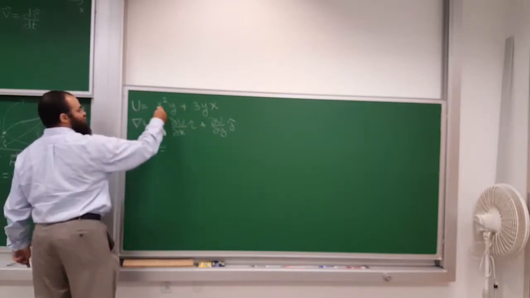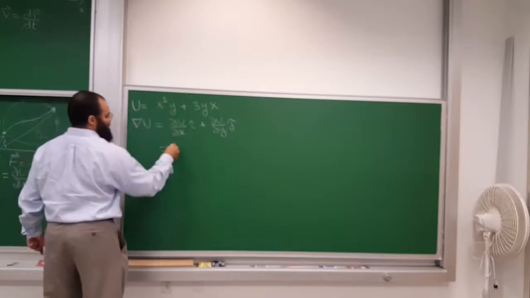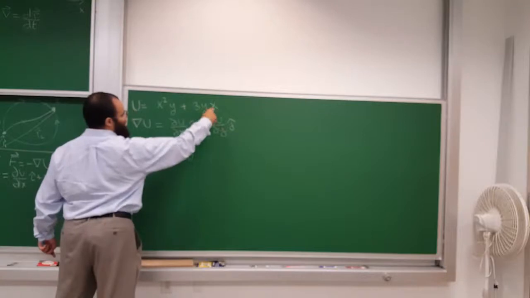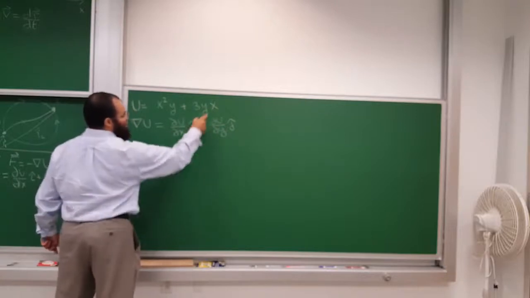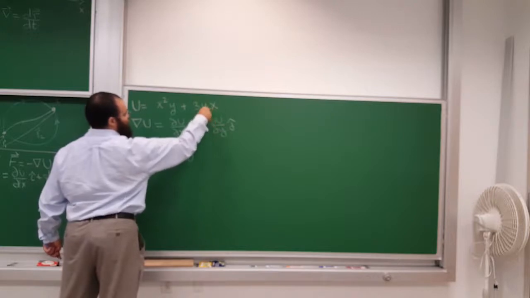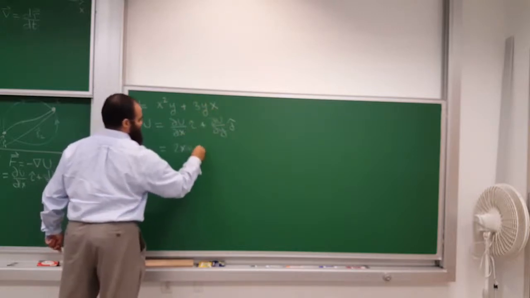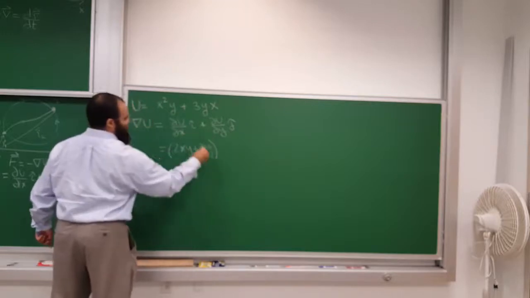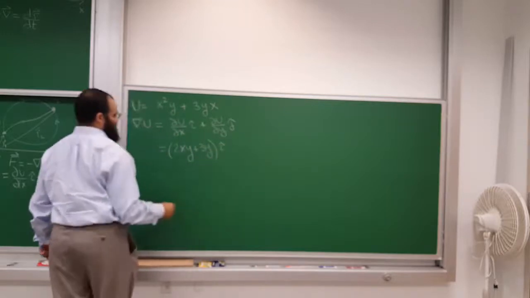So you get 2xy, and then take the derivative of the other term with respect to x also. Y is constant, so x goes away, and you just have 3y. That's this part here, and then i hat.